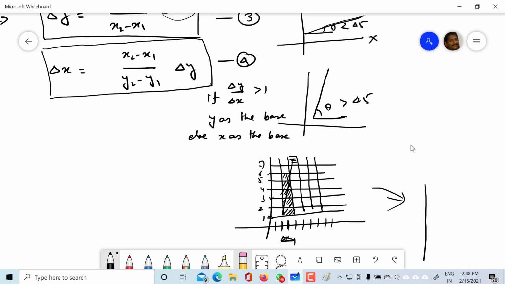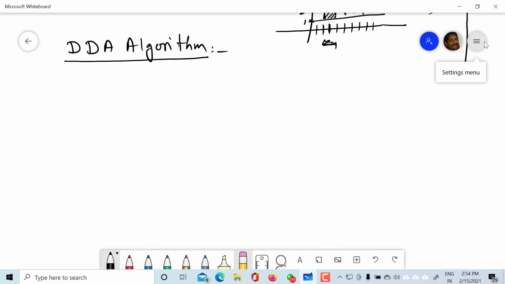Now, let us write the actual algorithm. Input 2 points: x1 y1 and x2 y2. Okay.